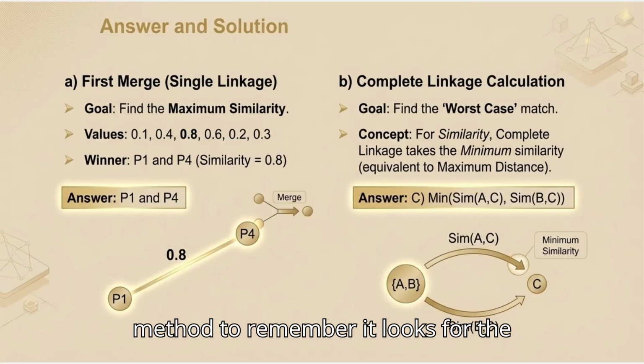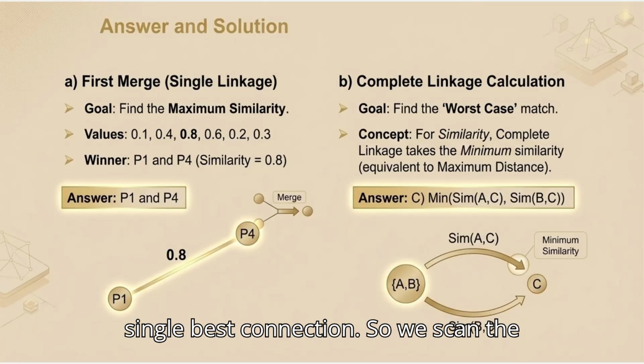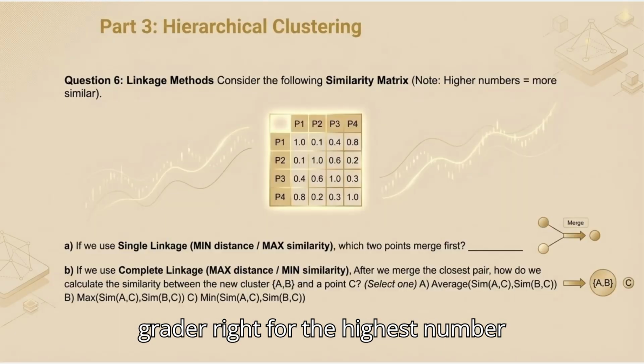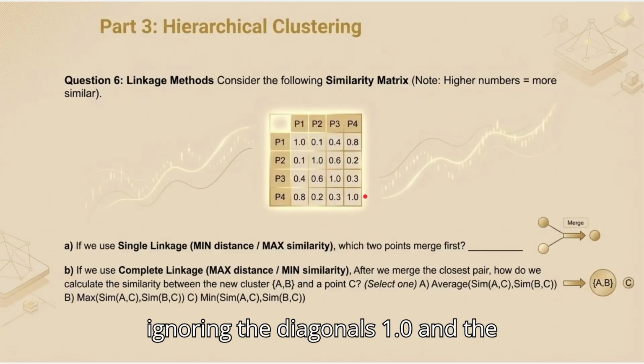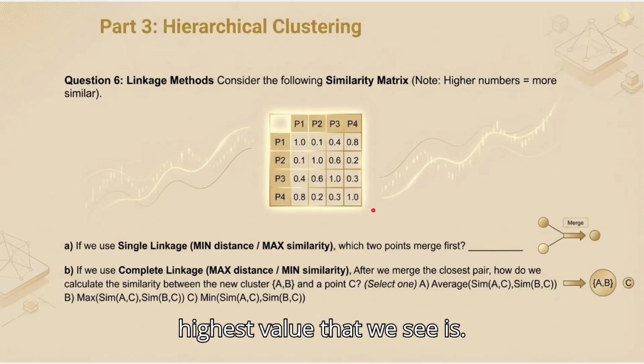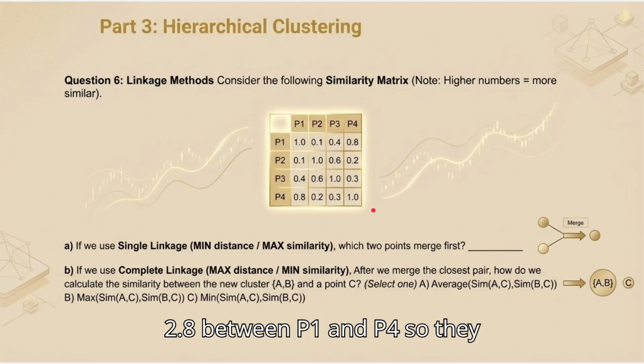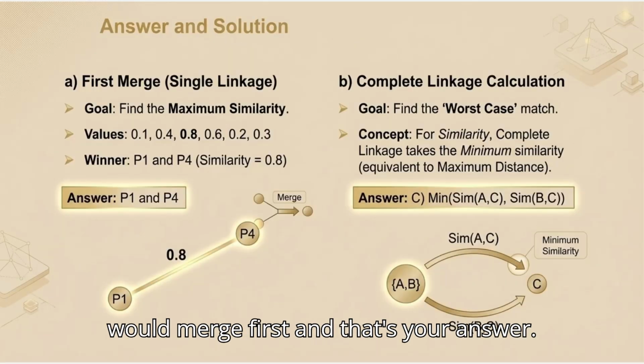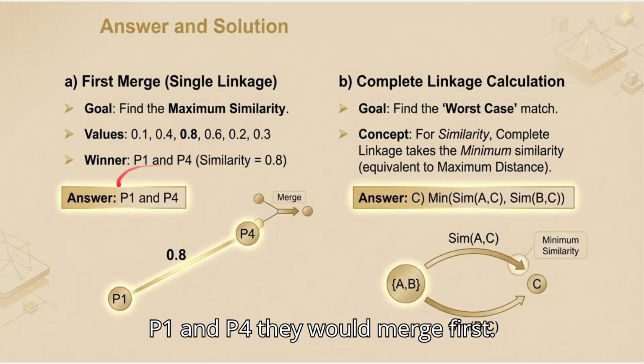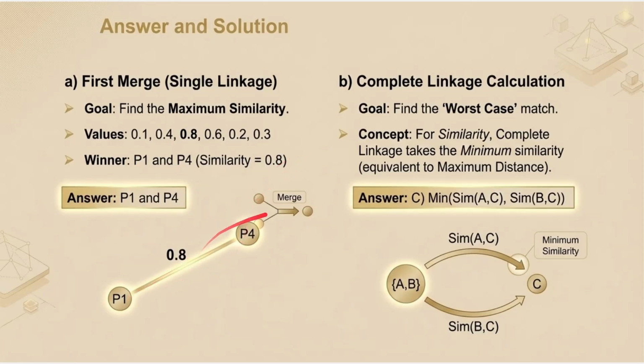And single linkage is the optimistic method, if you remember. It looks for the single best connection. So we scan the grid for the highest number, ignoring the diagonal 1.0s, and the highest value that we see is 0.8 between P1 and P4. So they would merge first, and that's your answer. P1 and P4 would merge first.